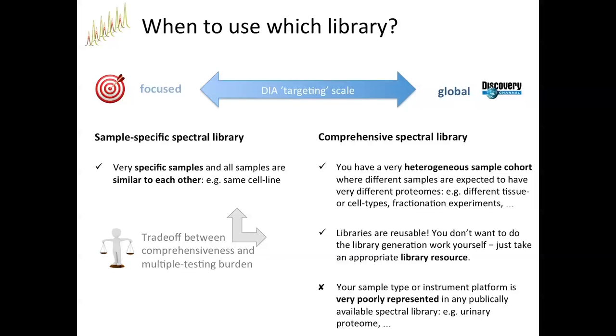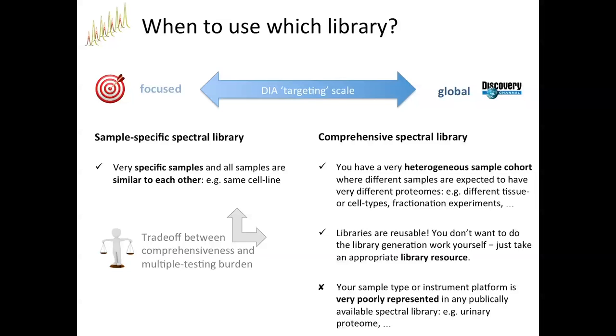And a second application is maybe you don't want to go through the hassle of generating a DIA library for your DIA analysis, and you want to use a library resource, and in this case you are also rather on this side. However, what is very important to keep in mind is that it doesn't make a lot of sense to use a library that very poorly represents the sample that you analyze.